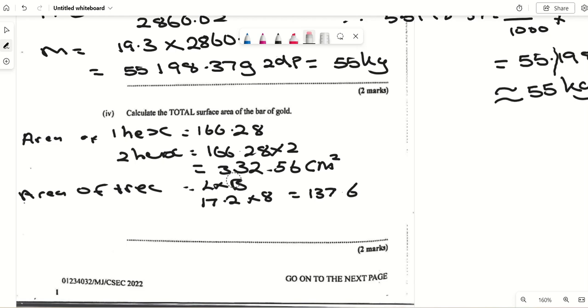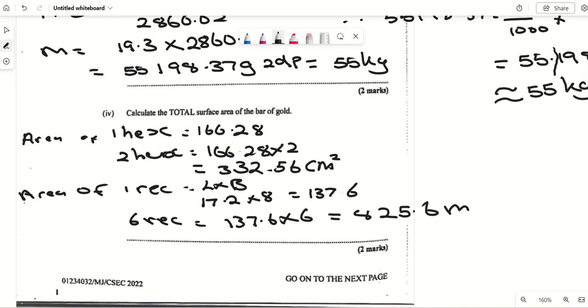There are 6 rectangles. So 6 rectangles is going to be 137.6 multiplied by 6, which is equal to 825.6 centimeters squared.